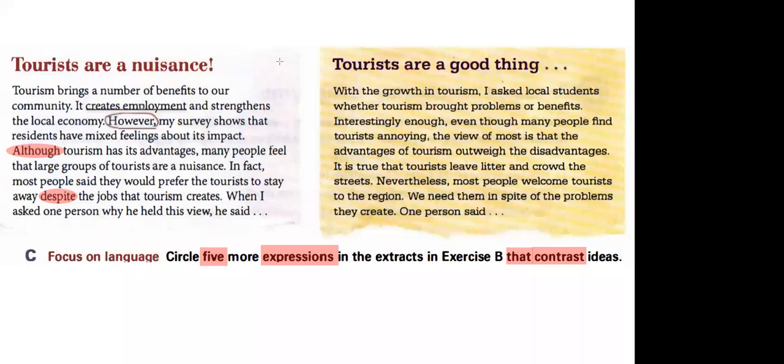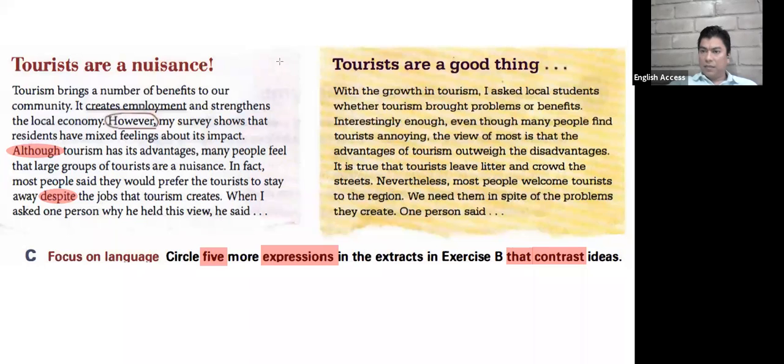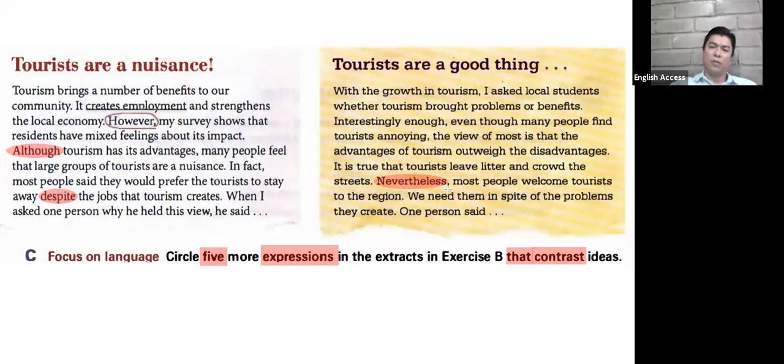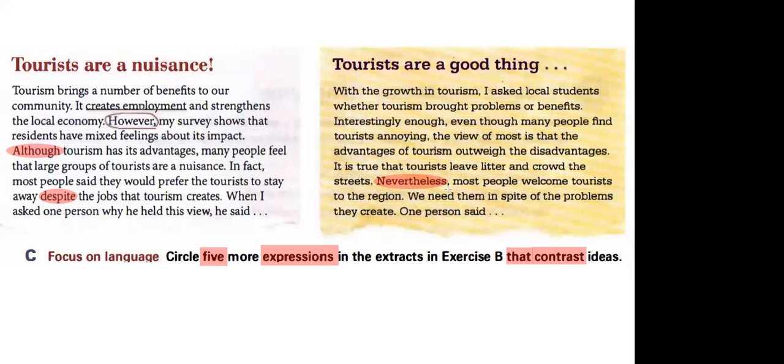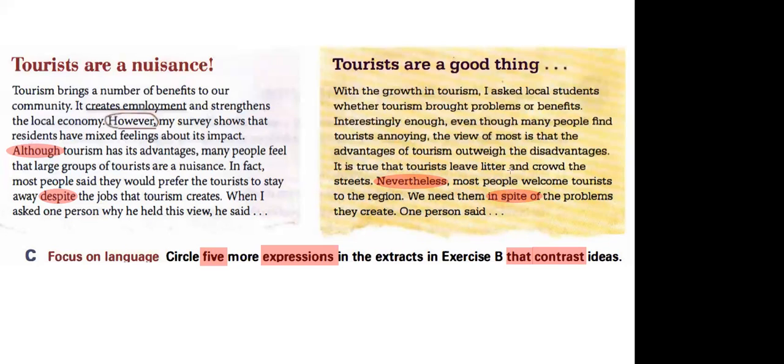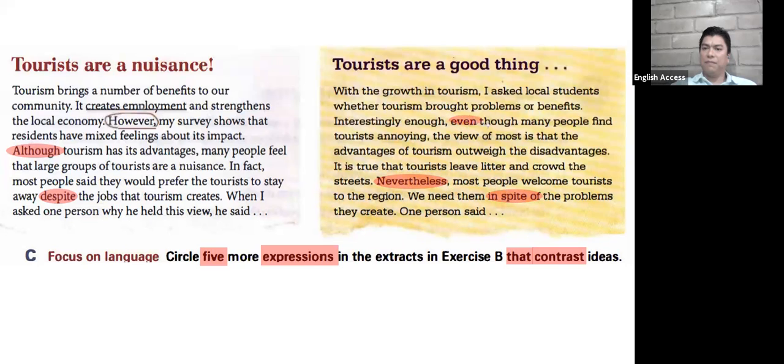Nevertheless. Where is it? In the next paragraph. What line? Nevertheless, okay. We need 2 more. In spite of. Where is that? In the here. In spite of. We need 1 more. Even though.